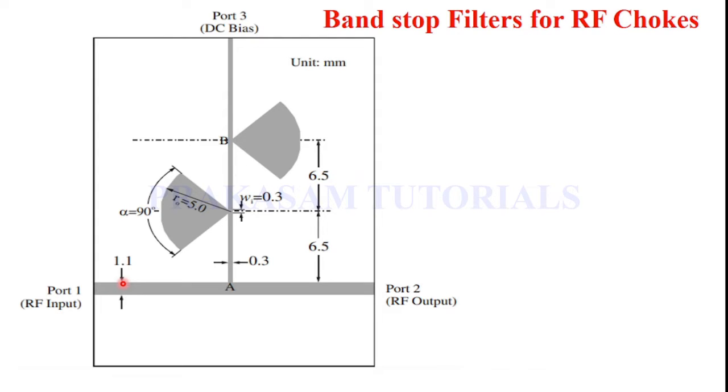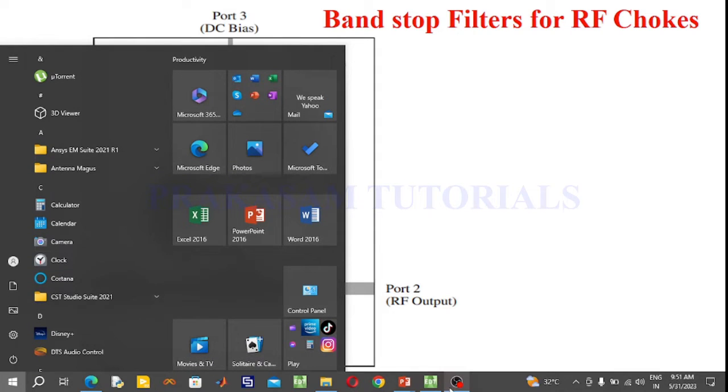Consider the band of the frequencies from 3.5 GHz to 5.5 GHz. So using this frequency range, using a microstrip online calculator, calculate the width of the line. The width of the line is 1.1. So now open HFSS software.